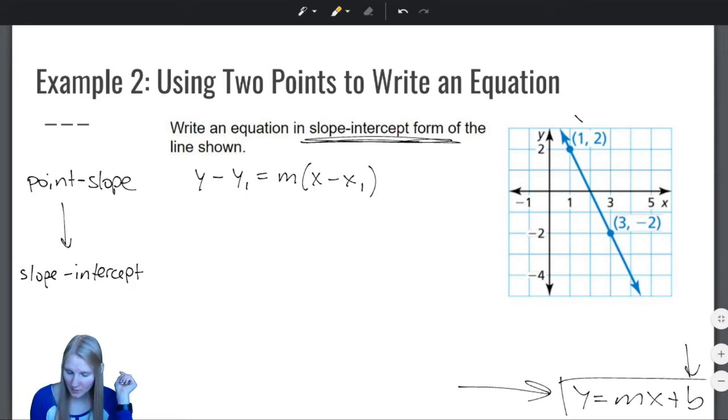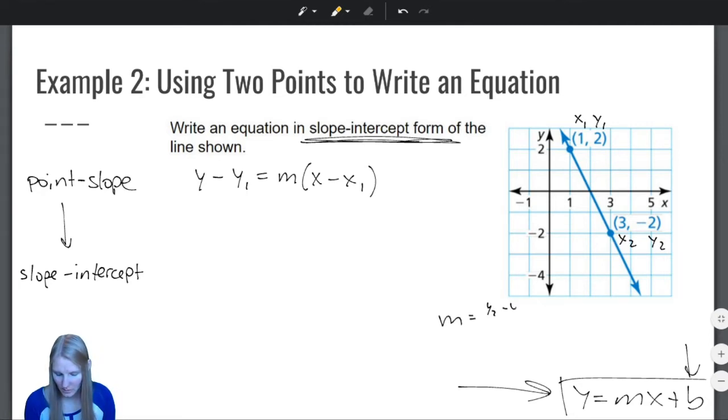Let's make this point number 1, and let's make this point number 2. And let's do m equals y2 minus y1 over x2 minus x1.